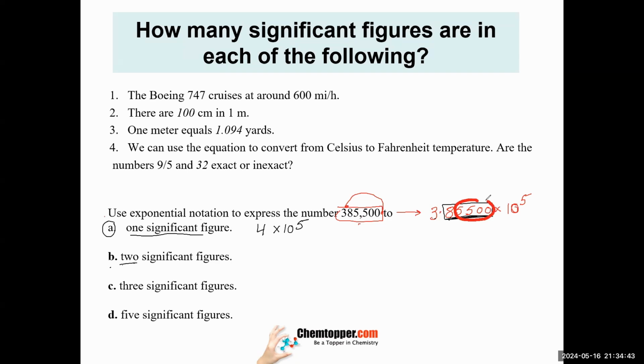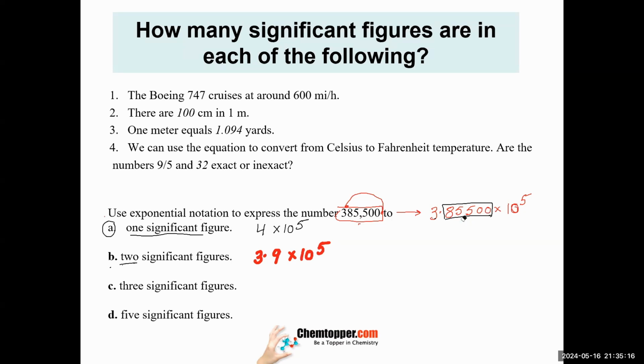This is 5500, and this is greater than 50, so you can take it as more than 5. So this will become 3.9. 8 will become 9, rounding off rule, times 10 raised to power 5.